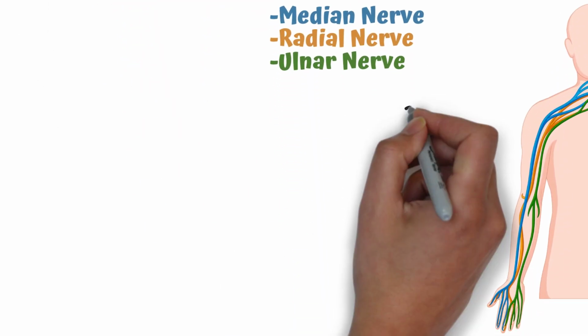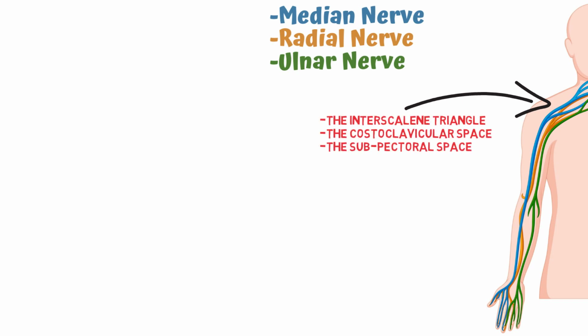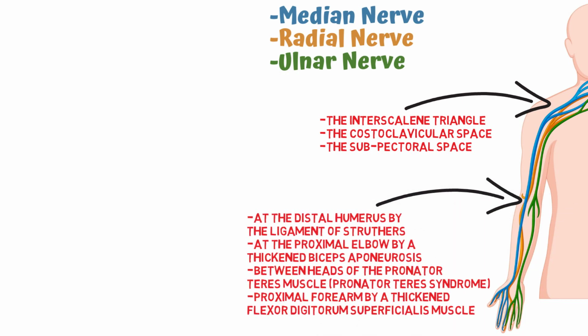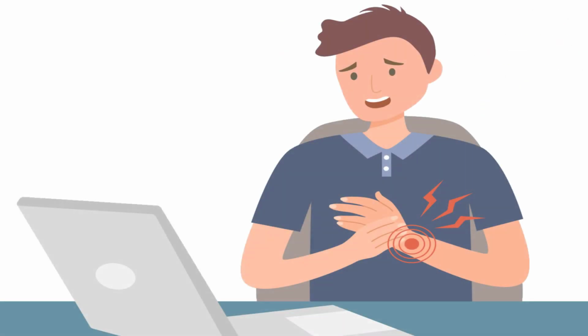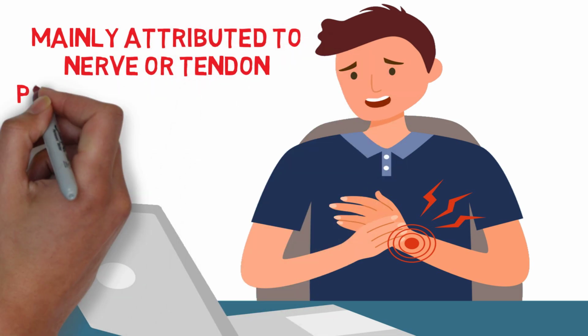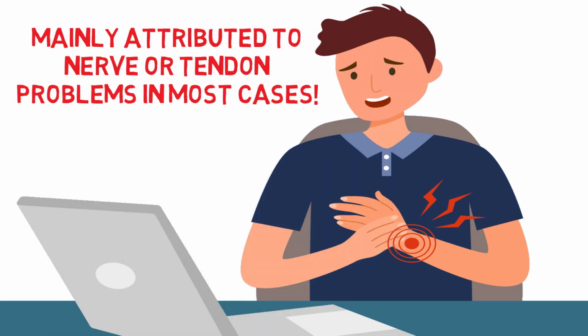Next, a bit further out from the spinal column, there are 3 more potential compression sites around the neck and upper chest: the interscalene triangle, the costoclavicular space, and the subpectoral space. And then there are 4 other potential compression sites around the elbow. So overall, pain at the wrist and hand from poor office ergonomics and sitting position can be mainly attributed to nerve or tendon problems in most cases.